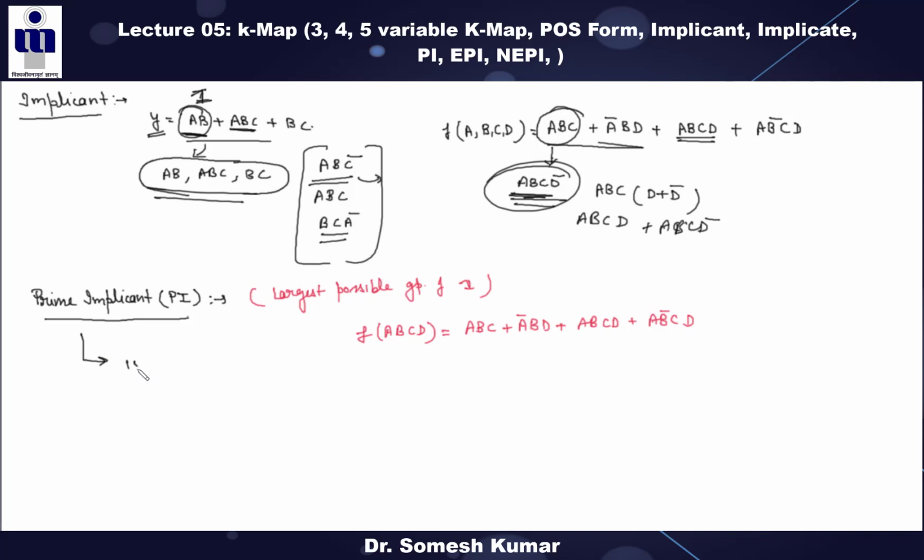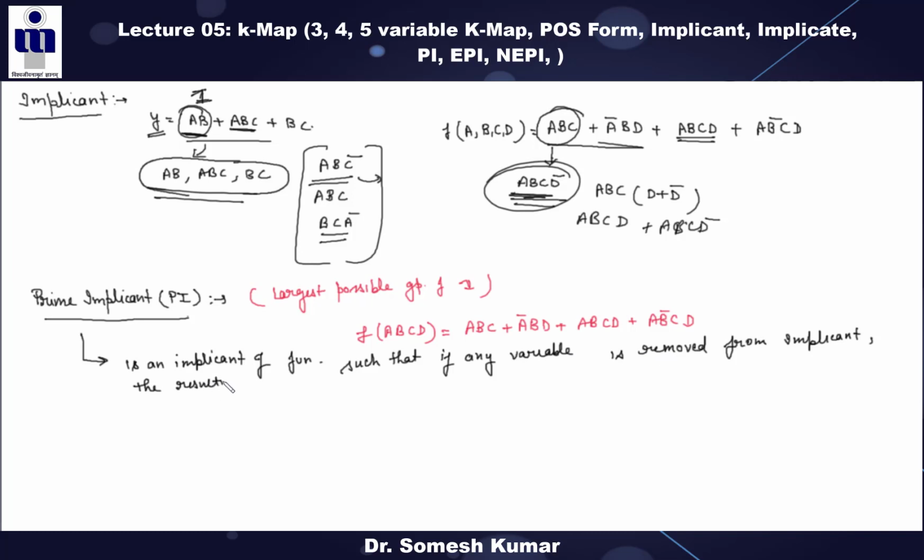Prime implicant is an implicant of a function such that if any variable is removed, the resulting term does not remain an implicant.